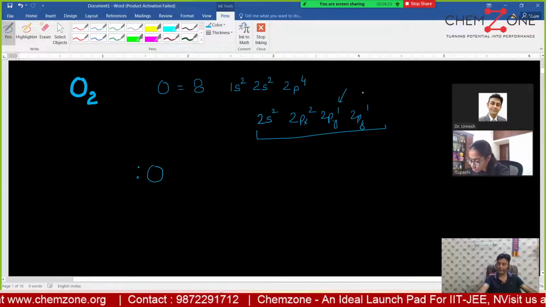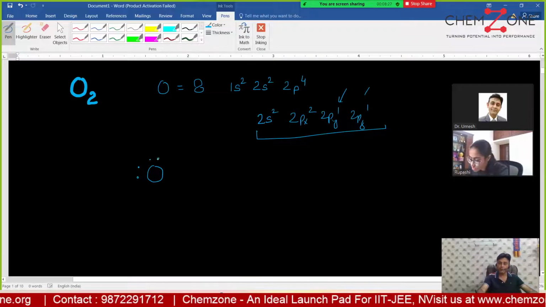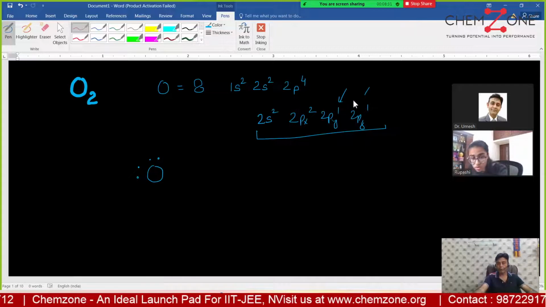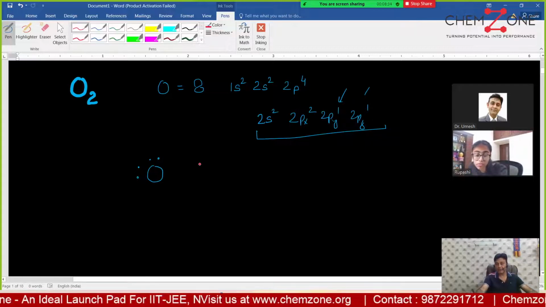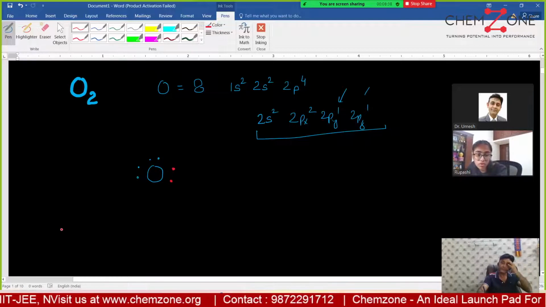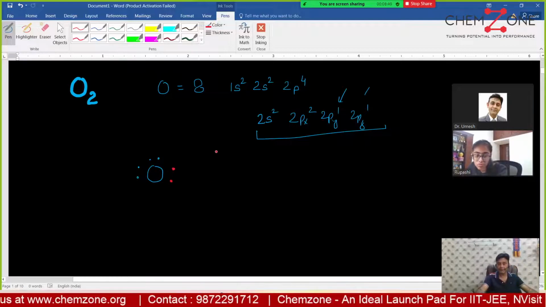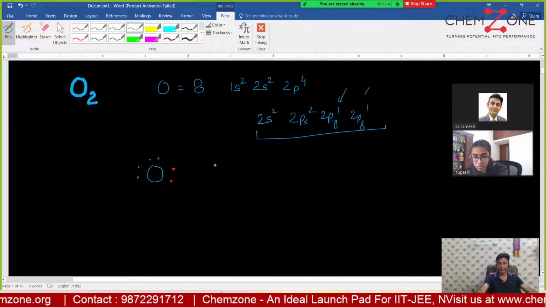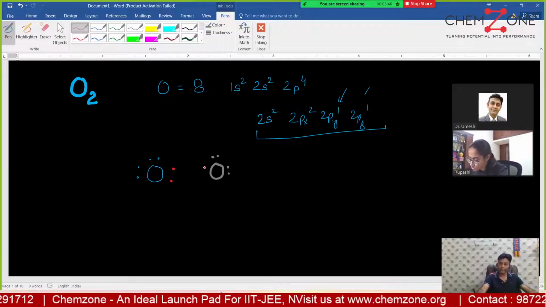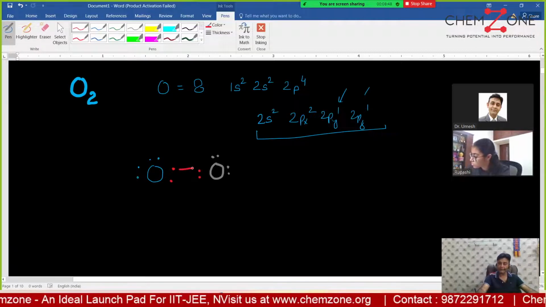These are the 2 unpaired electrons, and the other 2 are lone pairs which are not going to take part in bonding. Only these 2 unpaired electrons will be involved in bonding. I'm showing it with a different color. So the second oxygen also has 2 lone pairs. The bonding electrons make a double covalent bond.